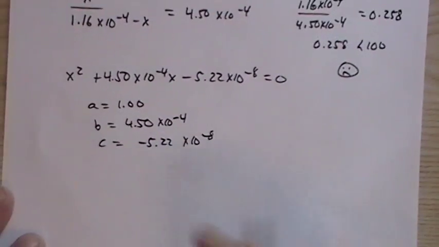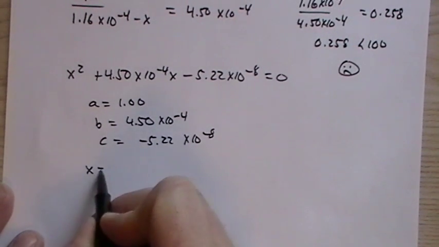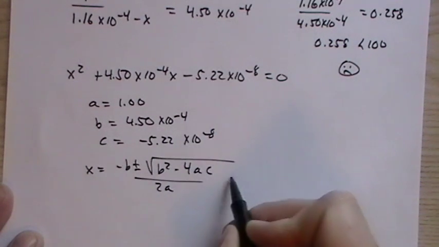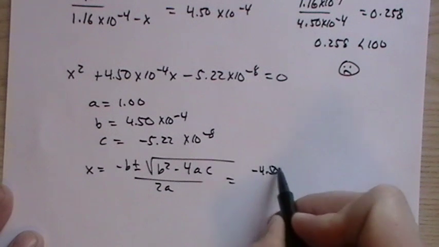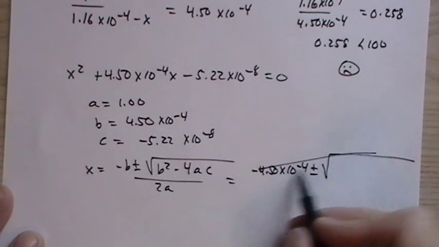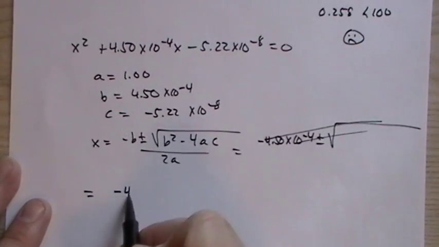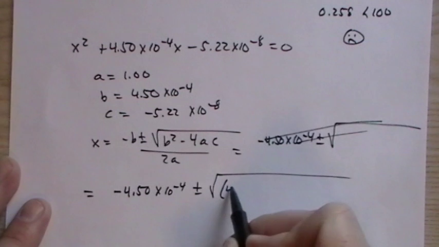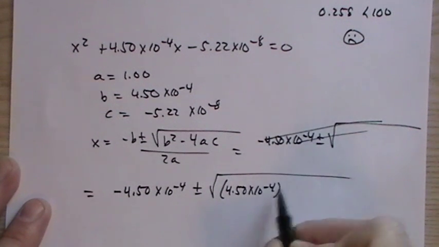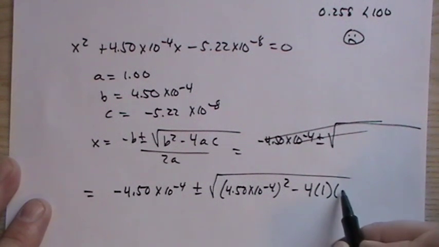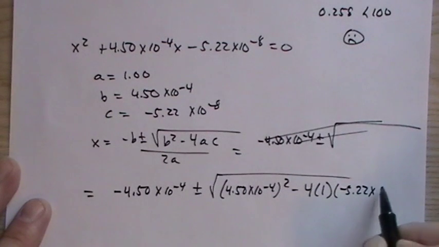And these go into the quadratic formula, so x is going to be negative b plus or minus the square root of b squared minus 4ac over 2a, so that's going to be negative b, 4.50 times 10 to the minus 4, plus or minus the square root, I don't know if I saved myself enough room, let's go down here, negative 4.50 times 10 to the minus 4, plus or minus the square root of b squared, minus 4a, a is 1, c is negative 5.22 times 10 to the minus 8.